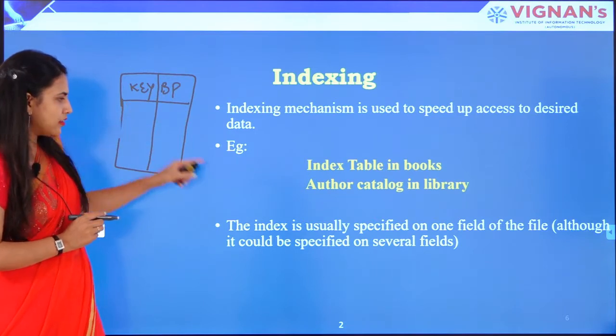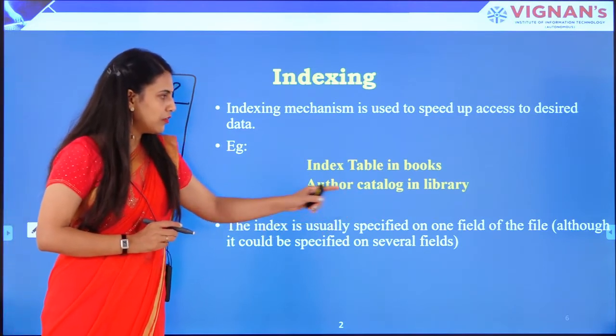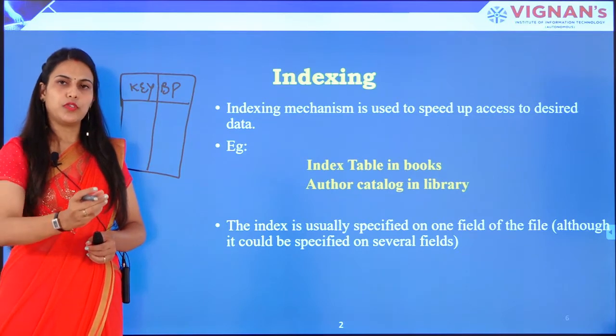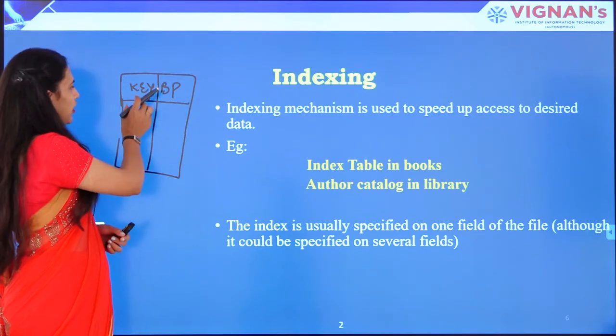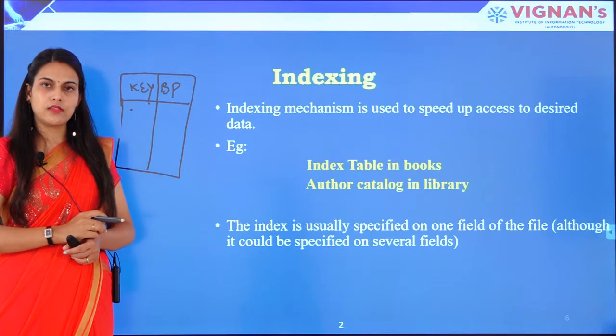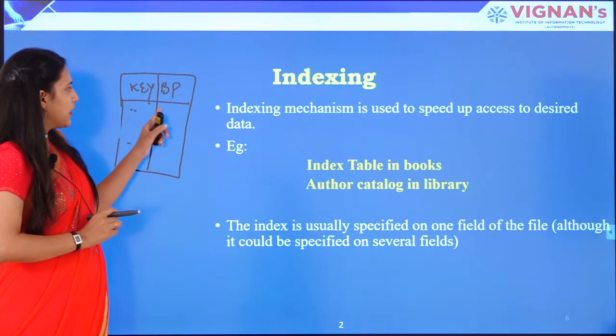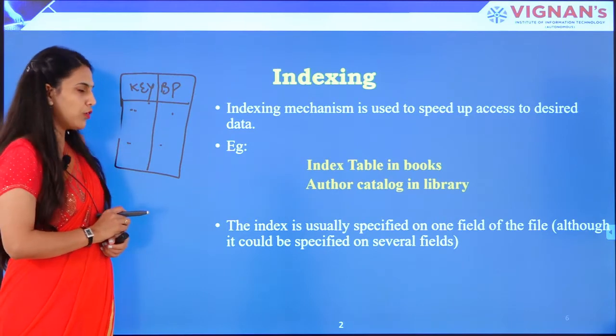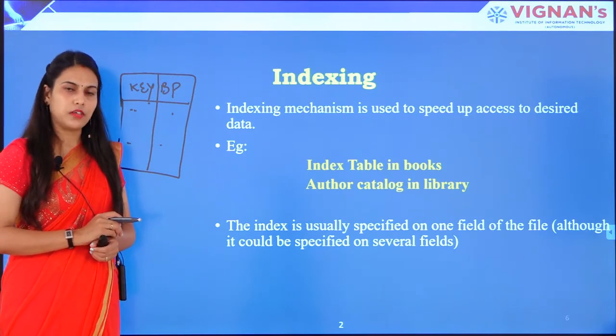The index is usually specified on one field of the file. Whatever field you want to choose from the table, you can make that field a search key in the index table, and the respective block pointer will be stored in the second column. Now we will discuss the structure of an index table.